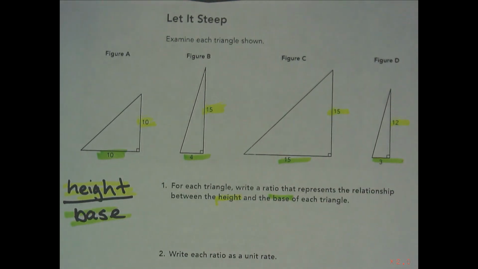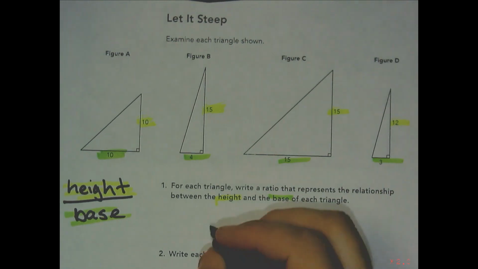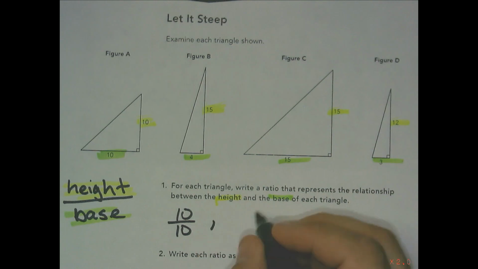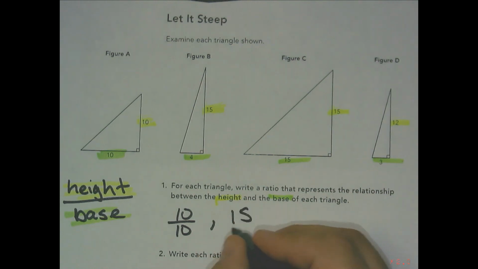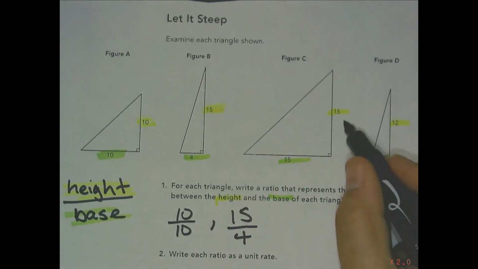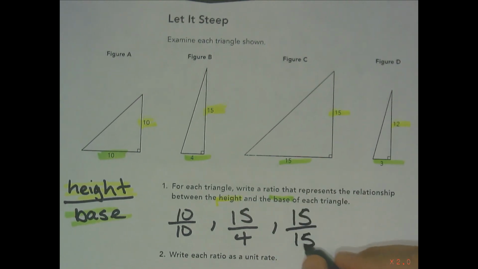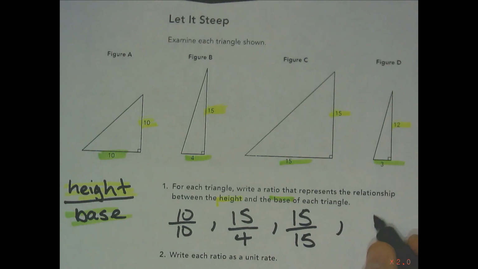And so now if I'm to write these fractions, I would write 10 over 10. The next one is 15 over 4. This one is 15 over 15. And the next one is 12 over 3.